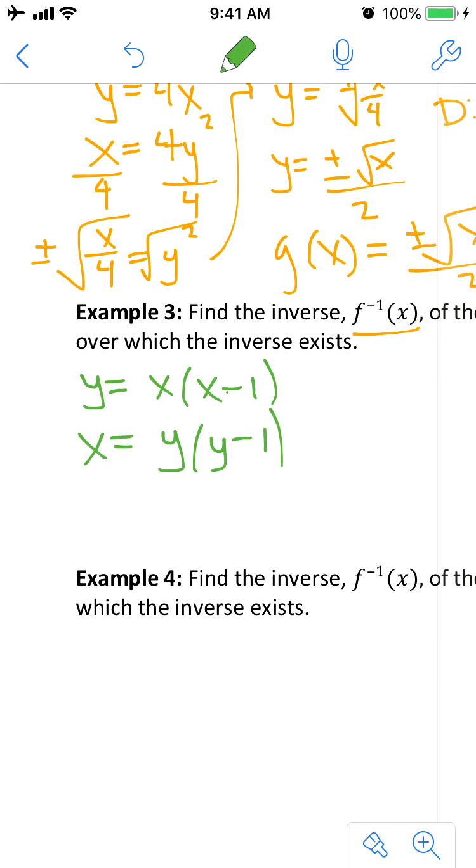Notice I said every x becomes y. In this function, there are 2 x's. Now they both become y. So you don't just switch out one, you're not swapping sides, you're changing every occurrence of y to x and every occurrence of x to y. So you're switching letters, you're not switching places.